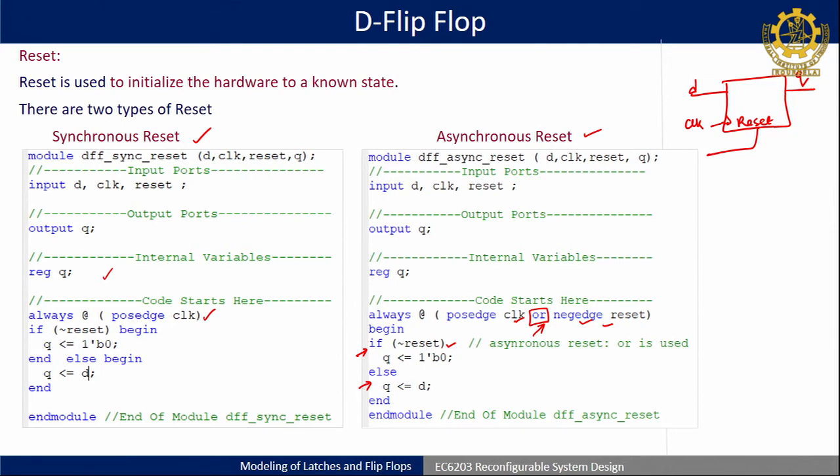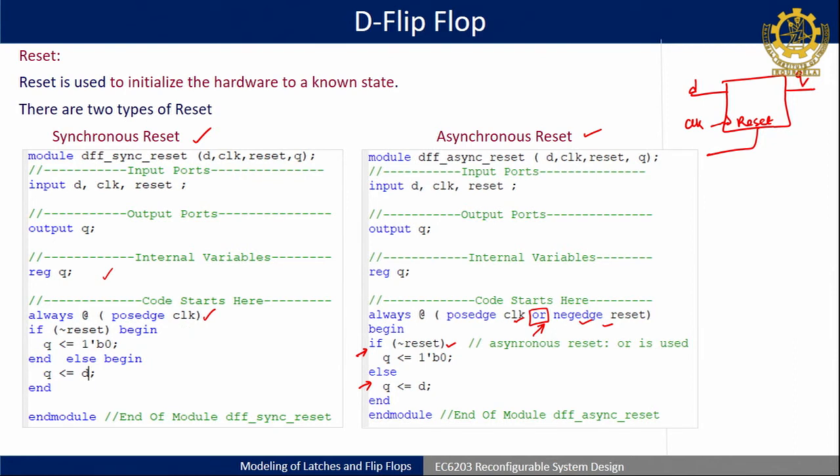In the synchronous reset case, you see posedge of clock is there, but we have removed the negedge of reset that was ORed with posedge of clock. Now the entire always block is sensitive only to the clock, that is the positive edge of the clock.